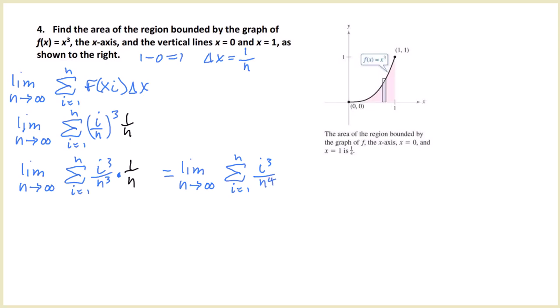Yep. And so I can pull that out. I just put an extra step in there. So I can pull that out and get this. Now y'all, we're finding the actual area here, not an approximation.